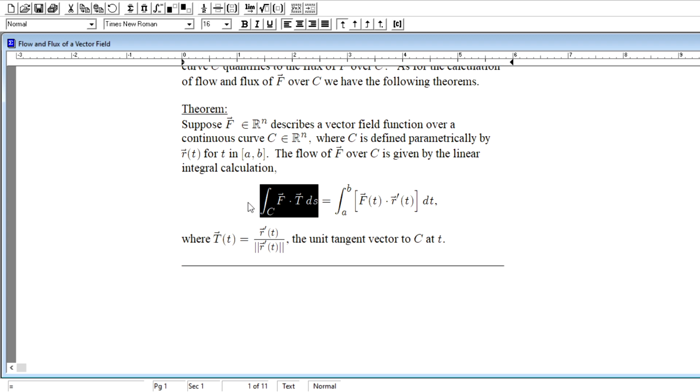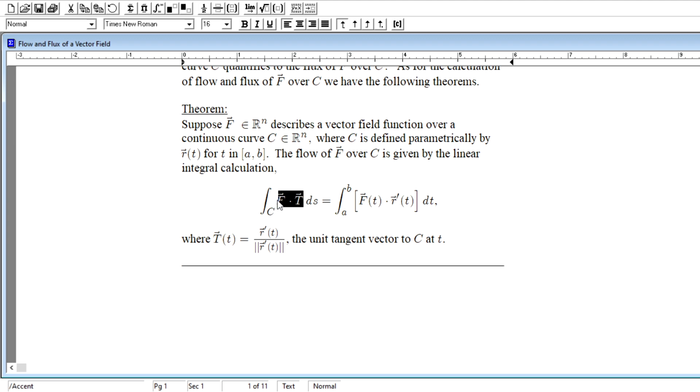It is this line integral over the curve C with respect to the arc length parameter s, where the integrand is just the dot product of the field function with the description of tangential behavior.